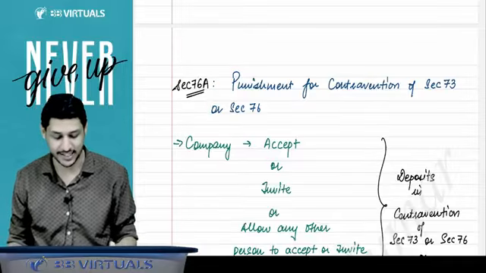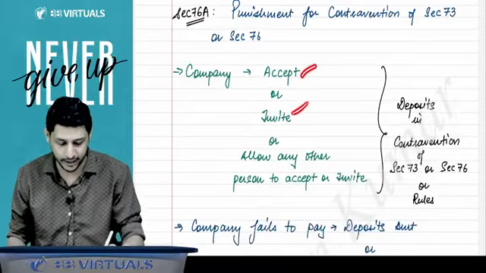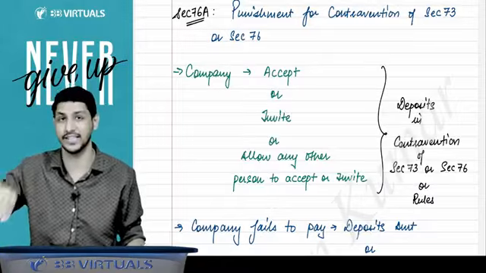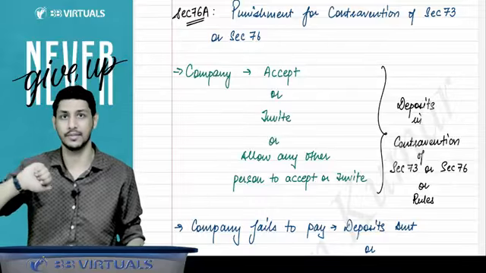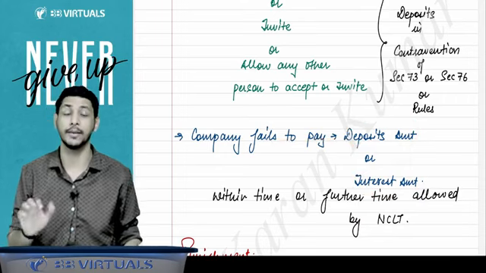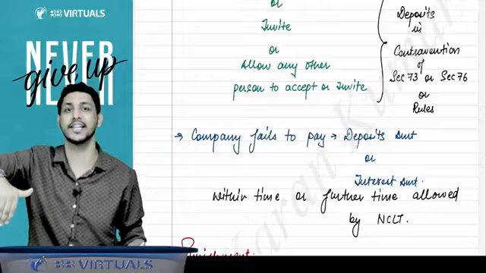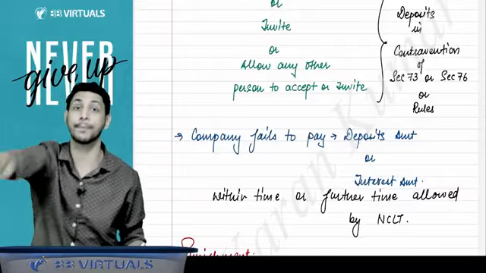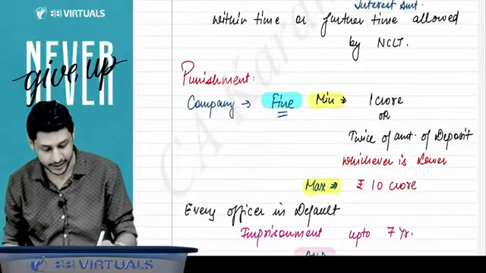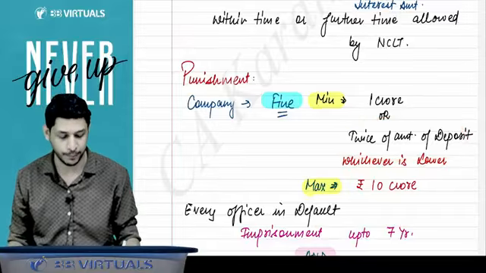Section 76A states the punishment for contravention of section 73 or 76. If a company accepts, invites or allows any other person to accept or invite deposits in contravention of the provisions of section 73 or 76 or rules made under this chapter, or the company fails to pay the deposit amount or interest amount within the time specified as per the maturity, or if the NCLT granted an extension to the company and the company has not paid the amount even in the extended time, then the punishment is a fine applicable to the company of minimum rupees 1 crore or twice the amount of deposit, whichever is lower.